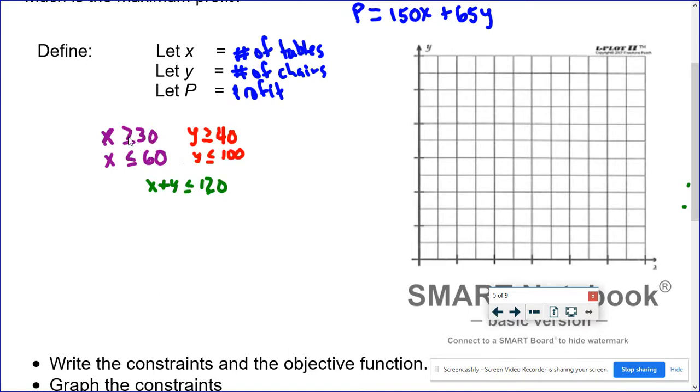So X is greater than or equal to 30. If we scale it, 0, each block is 10, so there's 20, 40, 60, 80.